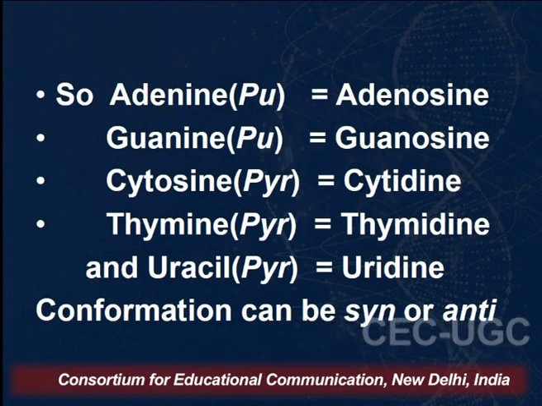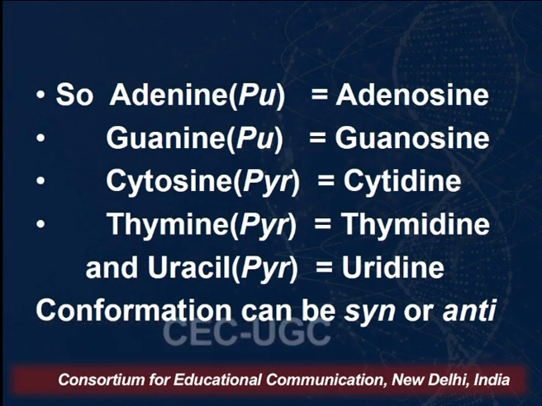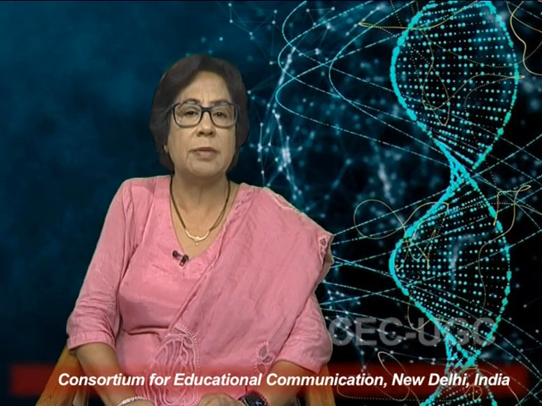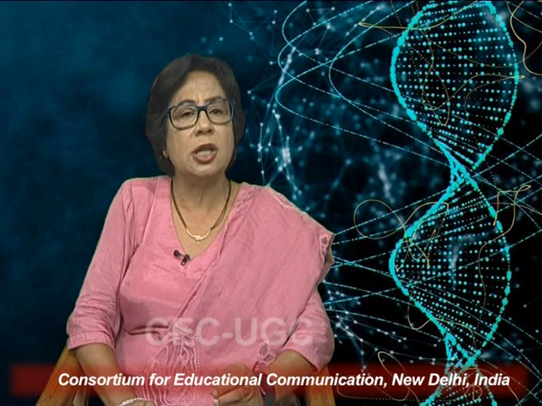So what are you going to remember? Adenine will become adenosine, guanine will become guanosine, cytosine will become cytidine, thymine will become thymidine, uracil will become uridine, and the conformation here again can be syn or anti. Now on your screens, I am sharing with you the base.